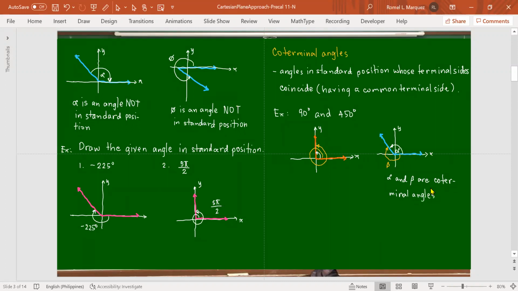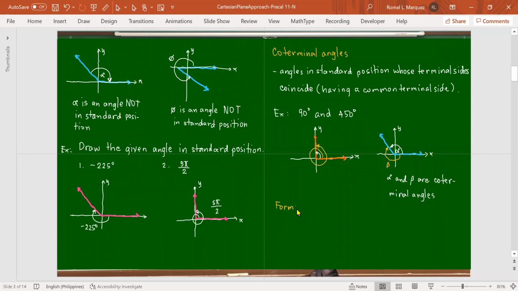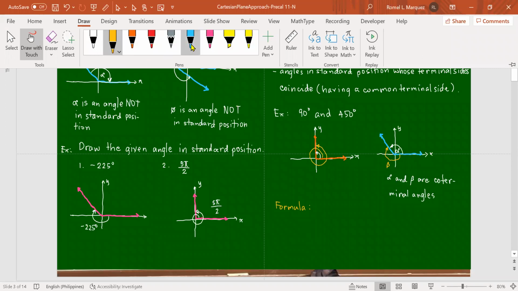What is the formula to get a coterminal to a given angle? Angle plus 360 degrees times n. So, the formula to get the coterminal. Let's say we have theta, any angle in standard position, and let's say beta is the coterminal.